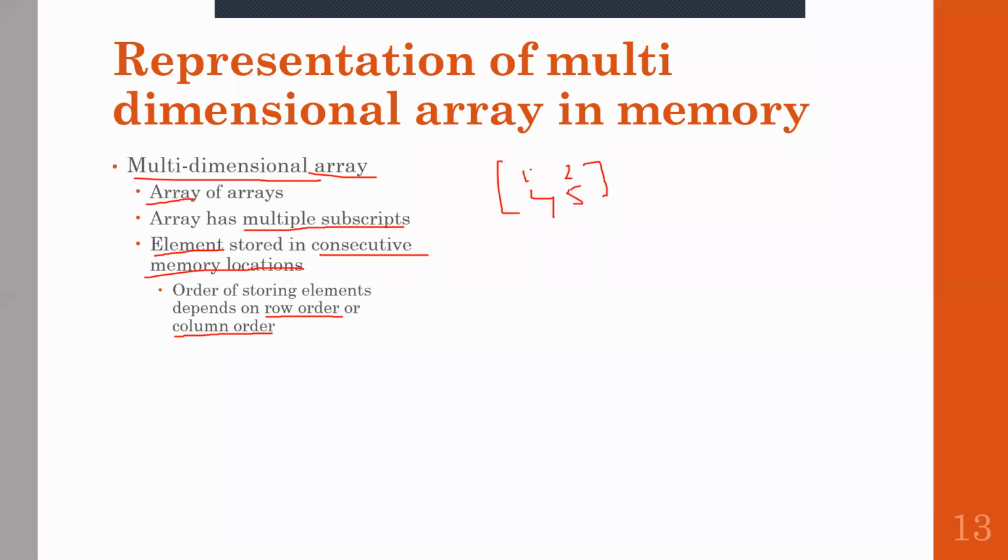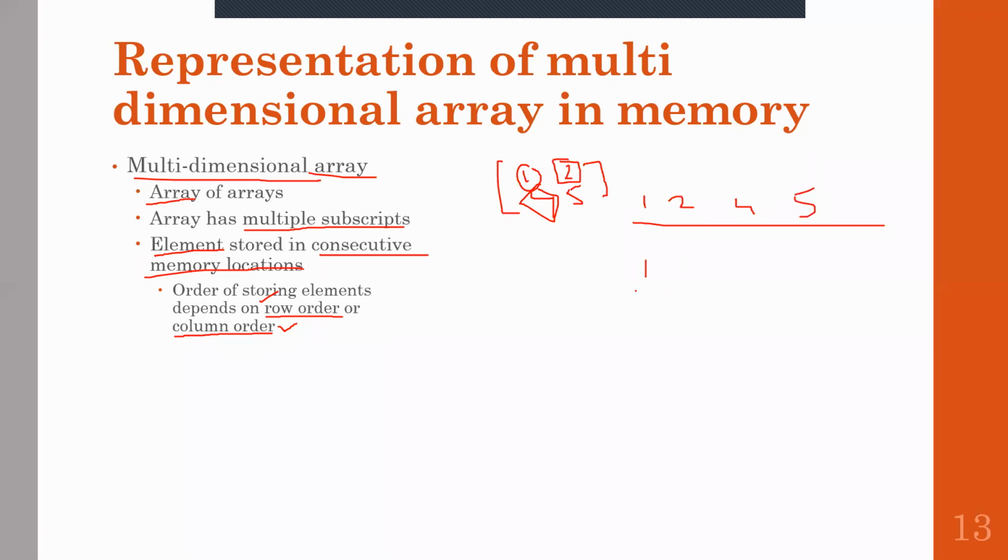Now, after the first element, whether 2 will be stored or whether 4 will be stored depends on whether you are following the row order or the column order. Since these also have to be stored in consecutive memory locations, the storage can be like this: 1, 2, and 4, 5.